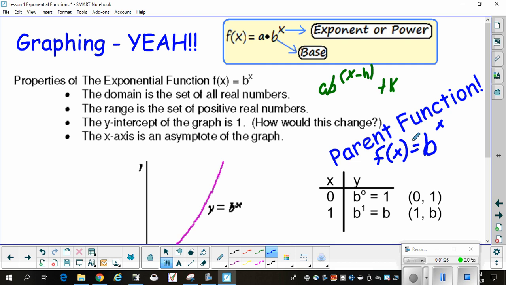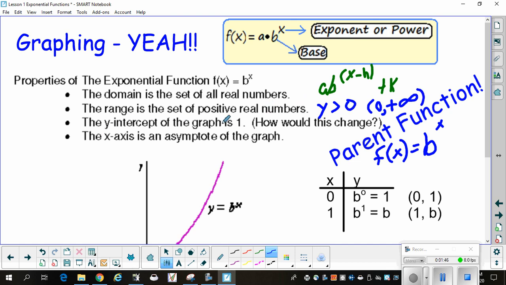Looking at the parent function, the range is the set of all positive real numbers, or y greater than 0. Or we could do from 0 to positive infinity. Any of those can be written as the range.